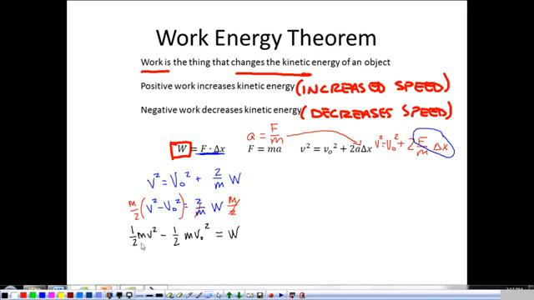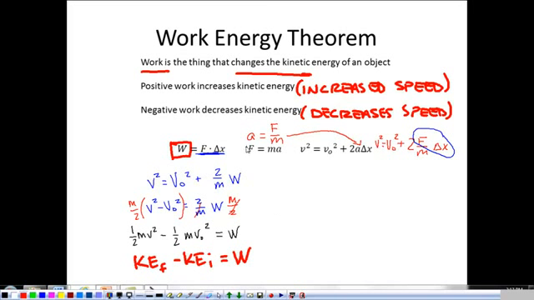Now, looking at this and knowing what kinetic energy is equal to, what we have is kinetic energy final minus kinetic energy initial is equal to the work done on an object. Now, I want to be very clear.